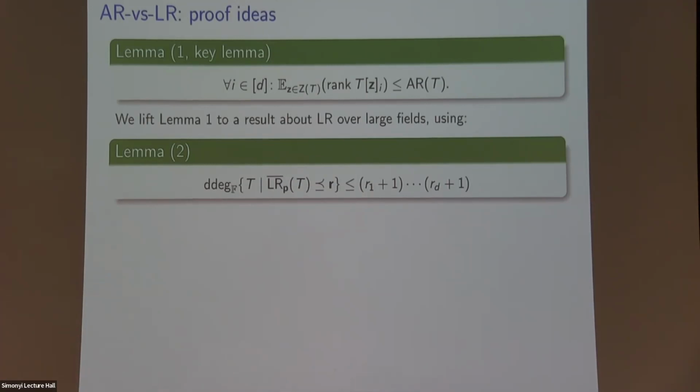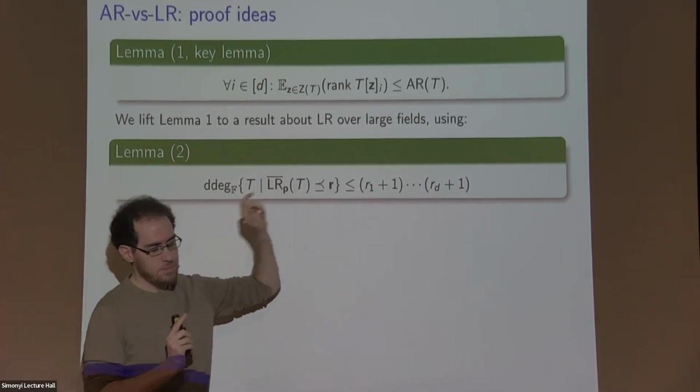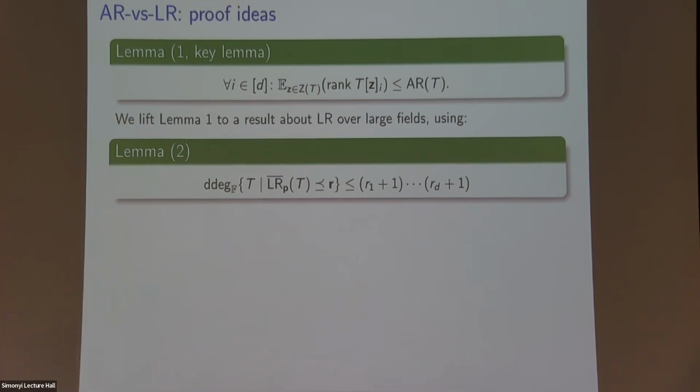But a linear subspace can't intersect a variety in a large proportion if the variety can be defined by polynomials of low degree, assuming that the field is large enough. That just follows from Schwartz-Zippel.